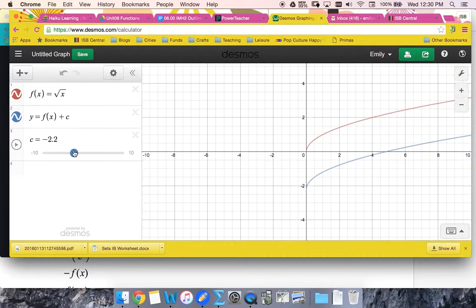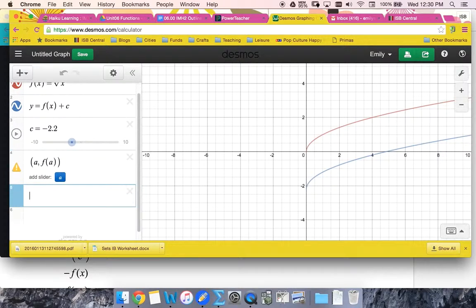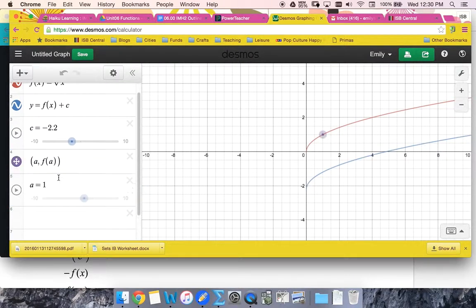And if I put a random point on my graph, so let's put in a point (a, f of a), and then I could add a slider for a. So now I have a point here.